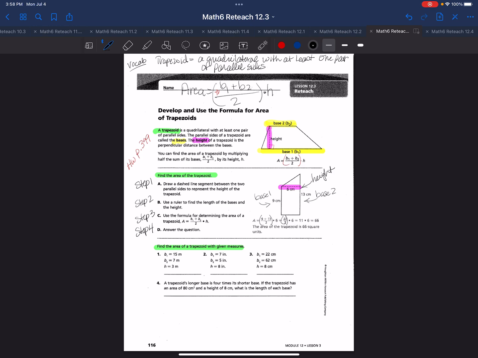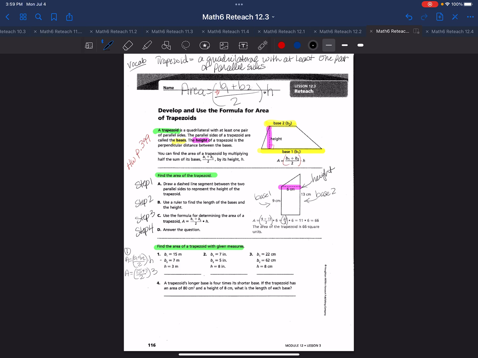Let's try a few of these on our own now. Let's do question 1. They give you base 1, that's B1, base 2, B2, and then the height. So let's write our formula. Area is base 1 plus base 2 divided by 2 times the height. Base 1, you have 15 plus 7 divided by 2 times 3.